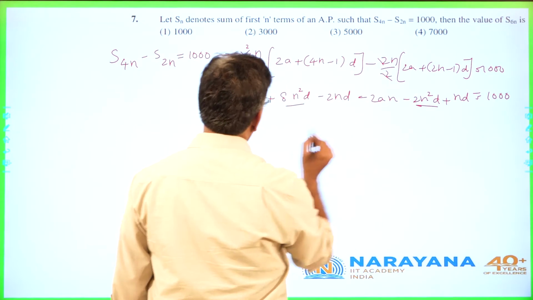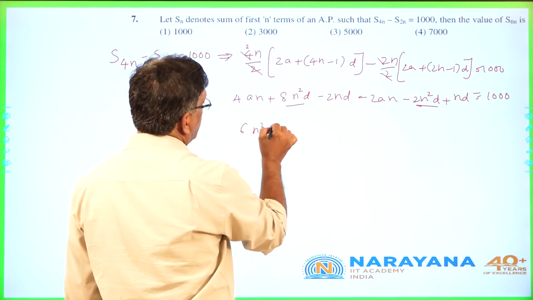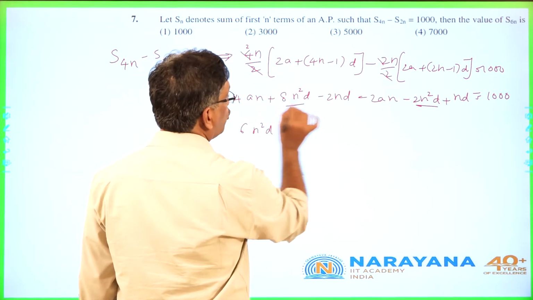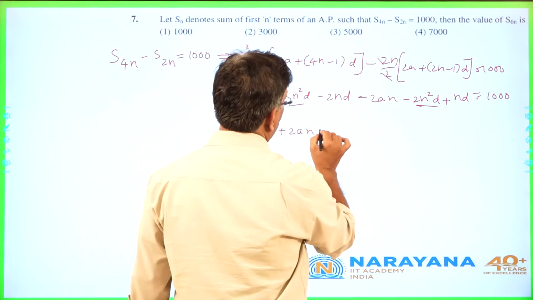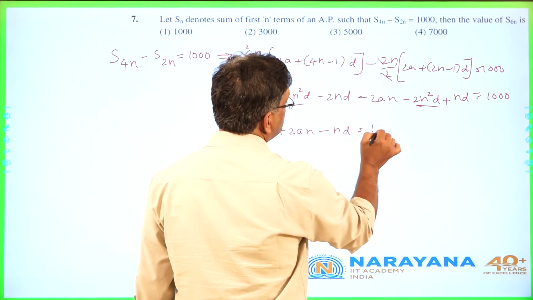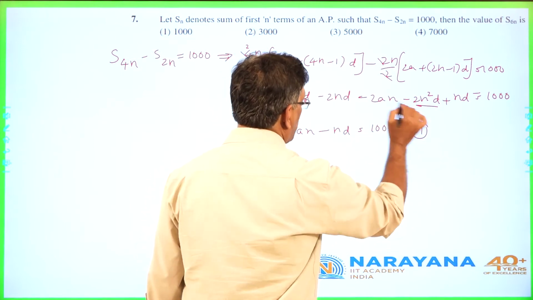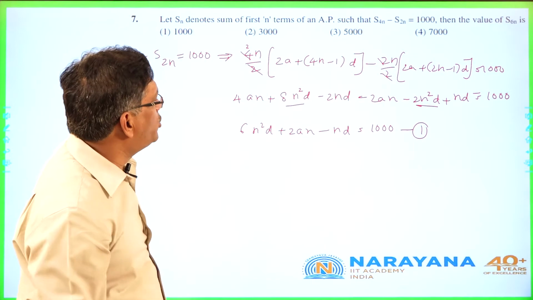These two terms 6n square d, next 4 minus 2, that is plus 2an, next minus nd is equal to 1000. One relation. Somewhere we are going to use this one.